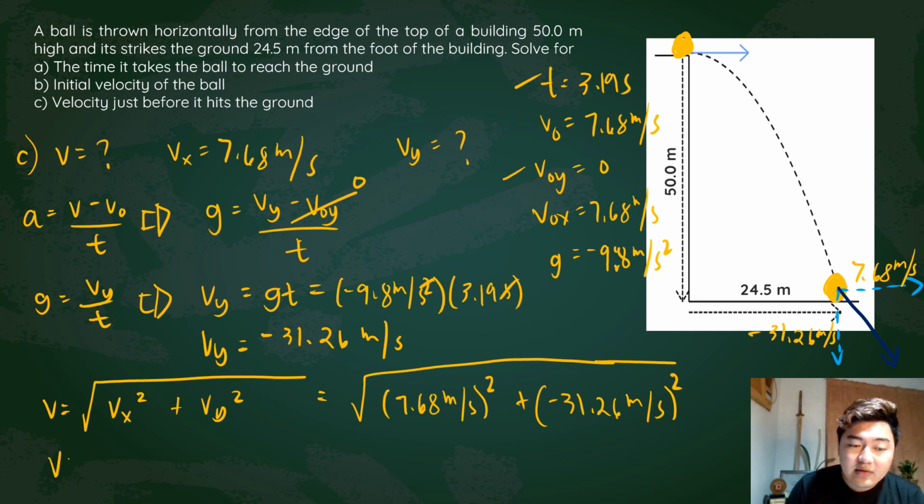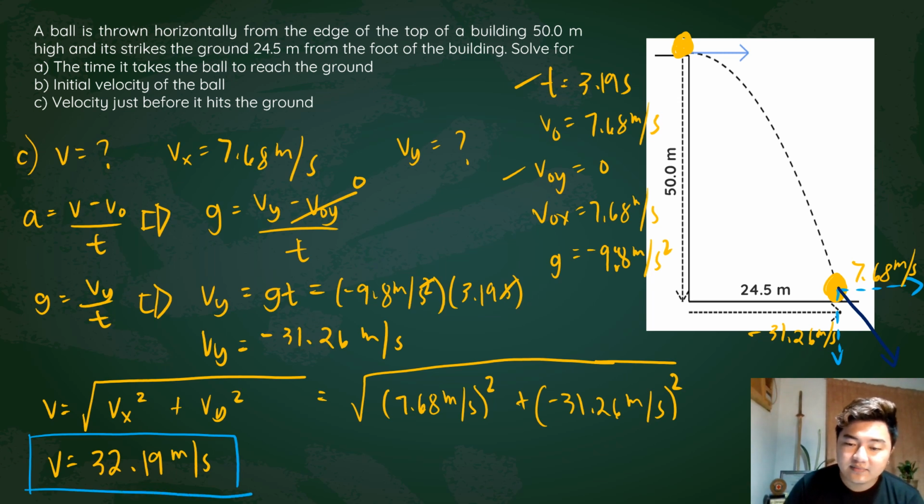Now your v will be equal to the square root of 7.68 squared plus negative 31.26 squared. Then we have a value for our final velocity, which is 32.19 meters per second. So this is our magnitude for the final velocity.